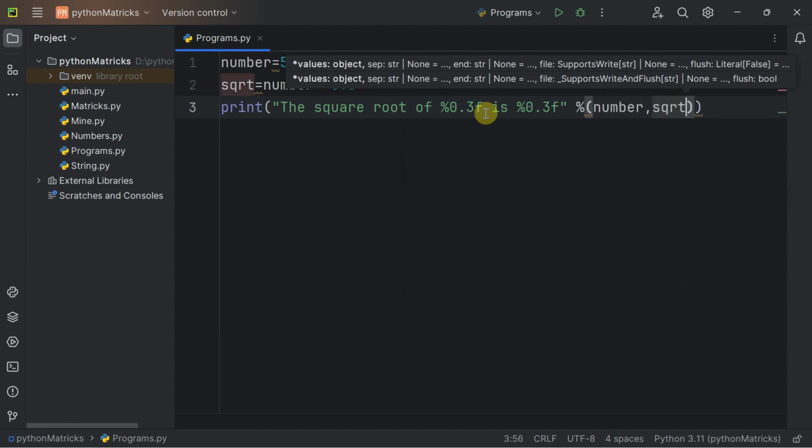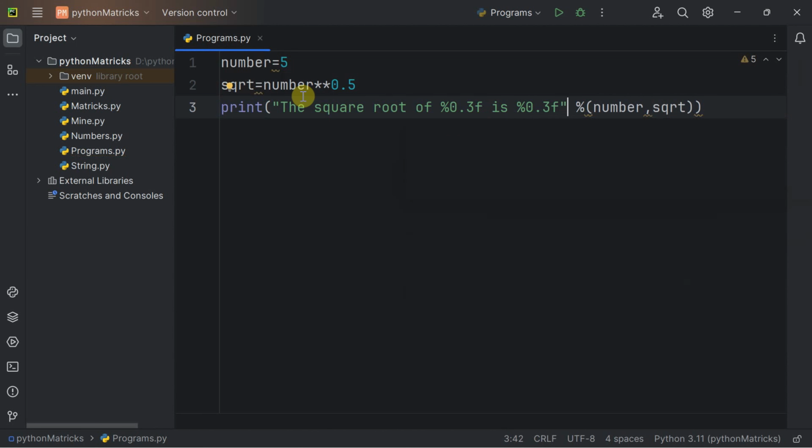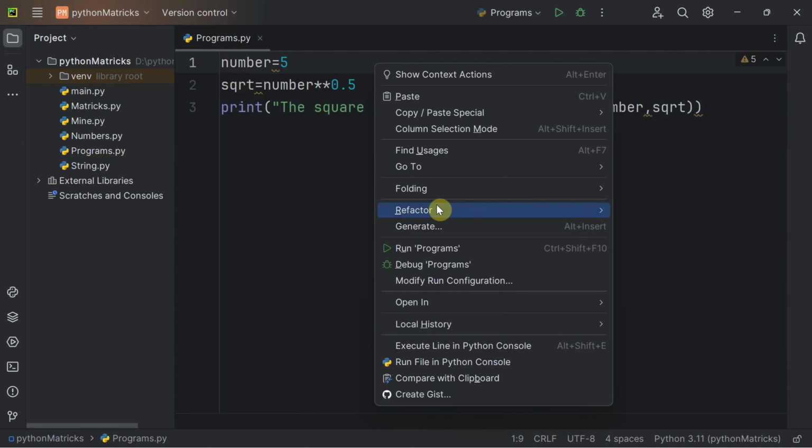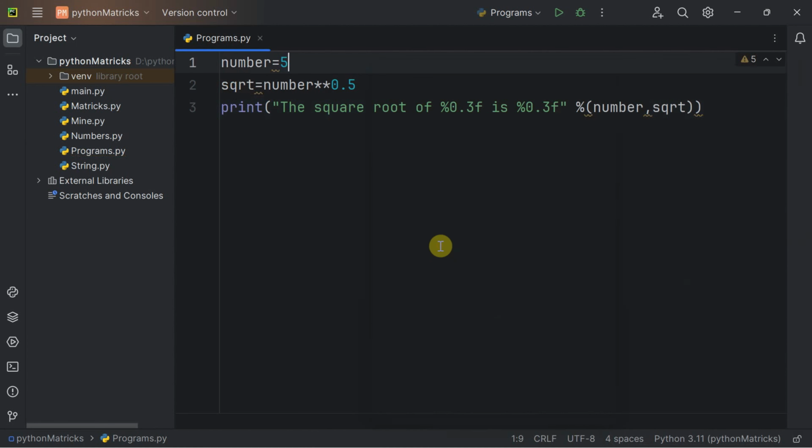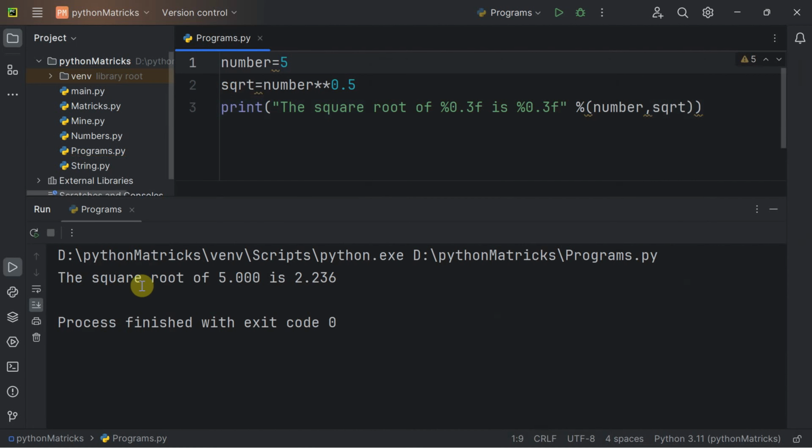Now let's display and see if the program brings the output. You see the square root of 5 is 2.236.